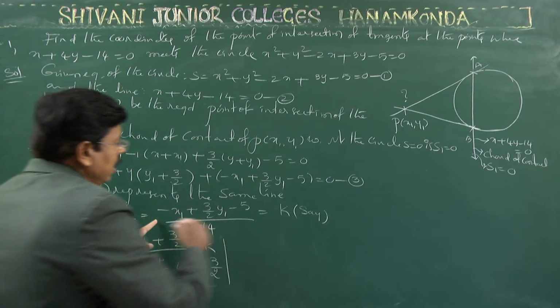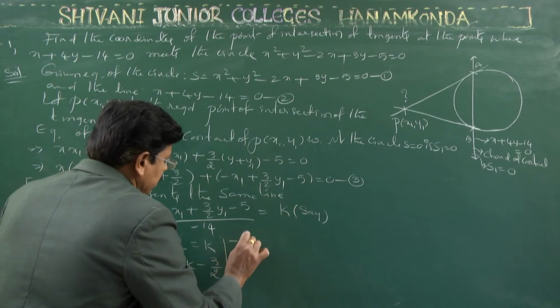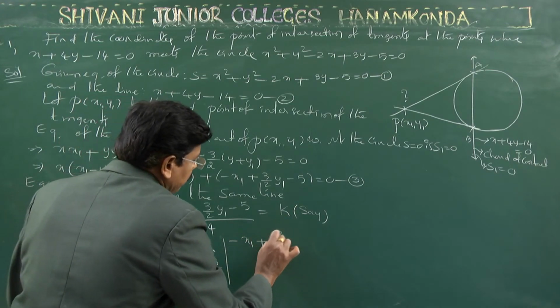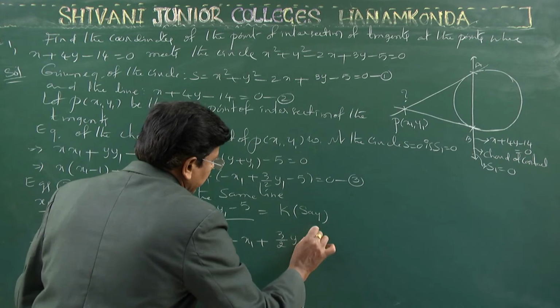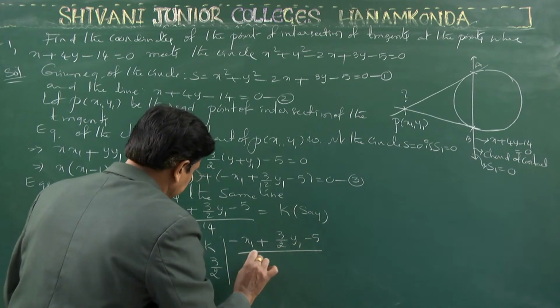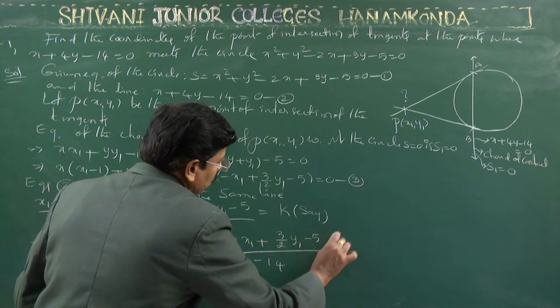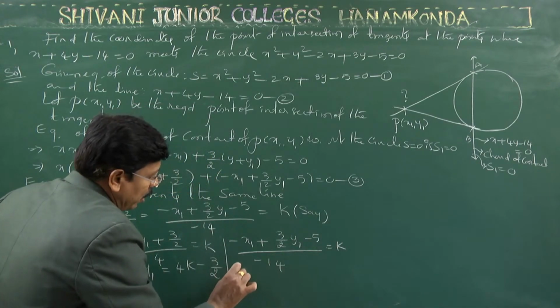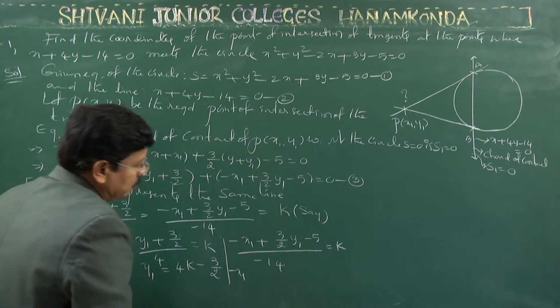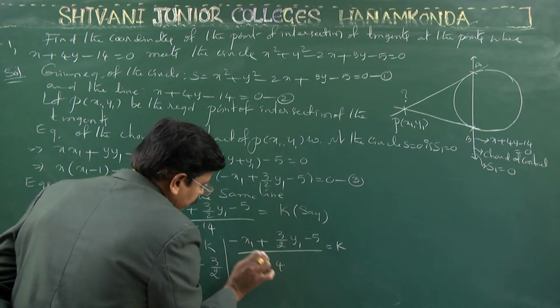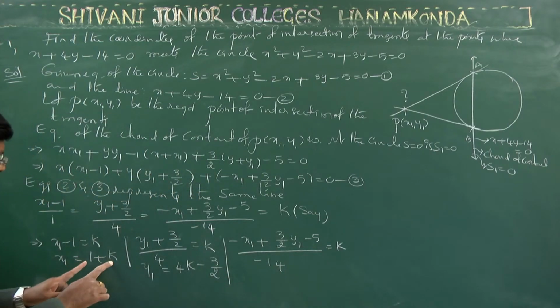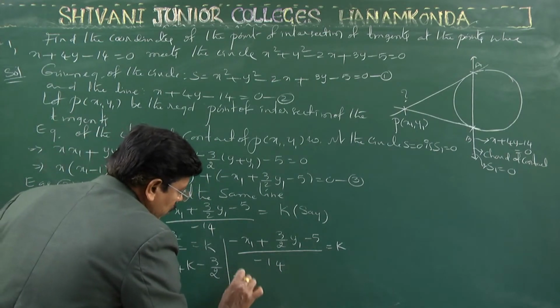What about the last one? Minus x1 plus 3 by 2 y1 minus 5 by minus 14 is equal to k. In place of minus x1, substitute the value: minus 1 minus k.